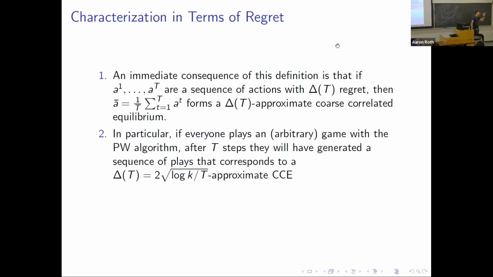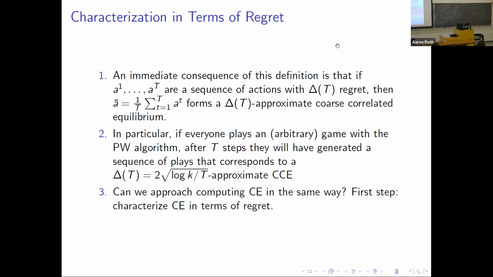And then we just remembered, oh yeah, we've been studying this polynomial weights algorithm in class. It already guarantees that that form of regret goes to 0. The strategy here will be to give a characterization of correlated equilibria in terms of a richer regret notion, one that's stronger than is guaranteed by the polynomial weights algorithm. But maybe next class we'll be able to give an algorithm that promises diminishing regret of that stronger form.